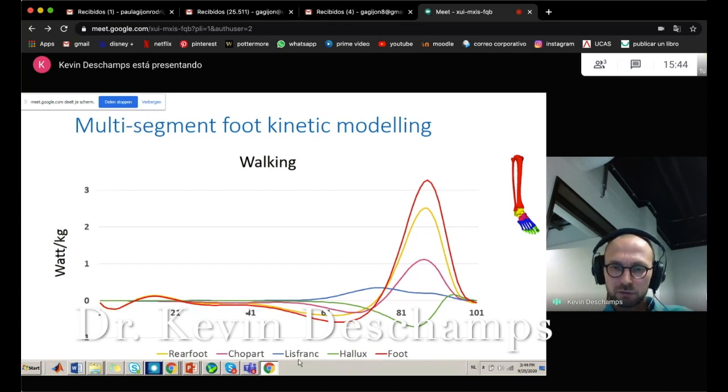On the other hand, for the Lisfranc joint, or the tarsal-metatarsal joint, we see that this joint basically does not have absorption capacity in normal circumstances. Let's be clear, in asymptomatic people, the Lisfranc joint is not having absorption capacity and has only generation capacity, or power generation. And then next to that, finally, you see in the green graph the kinetic behavior of the toes.